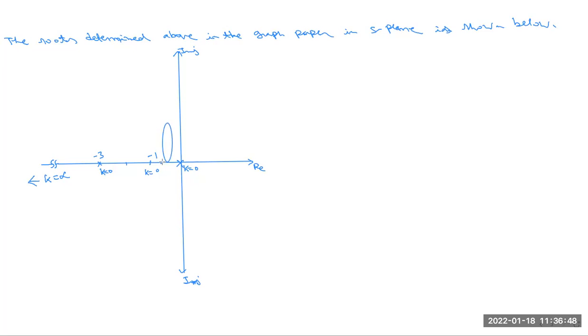Something like that. This one also, this one also. Okay. So this is the point where K is equal to 0.631. When K is 0.631, every root, that is S1, S2, and S3, is in the same region.